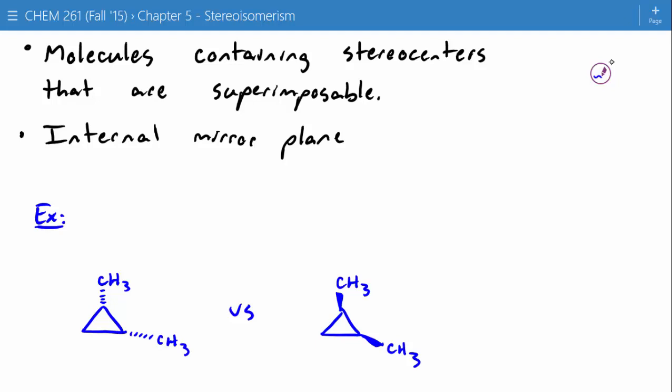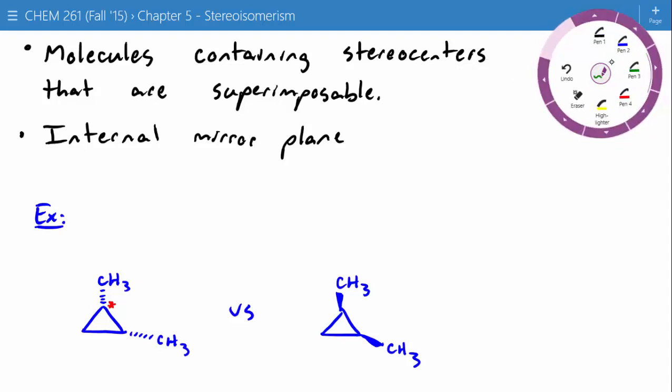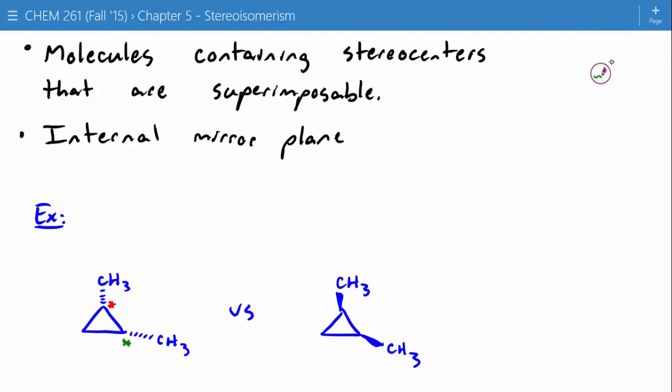So if we look at each of these, we could say, all right, there's a stereocenter here on this molecule, and there's a stereocenter here. So if we tried to draw the mirror image, the one on the right is a mirror image.